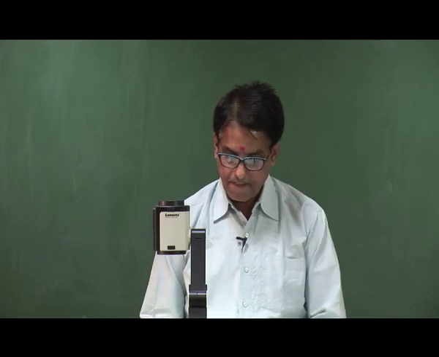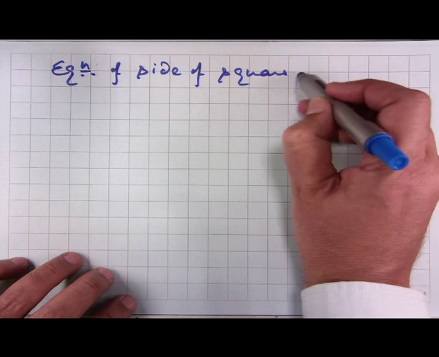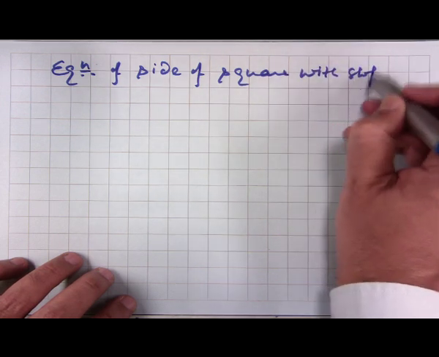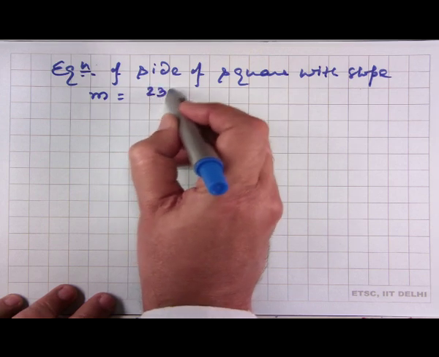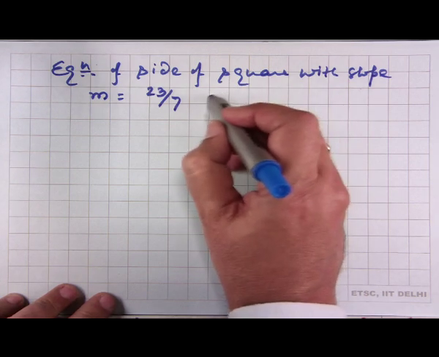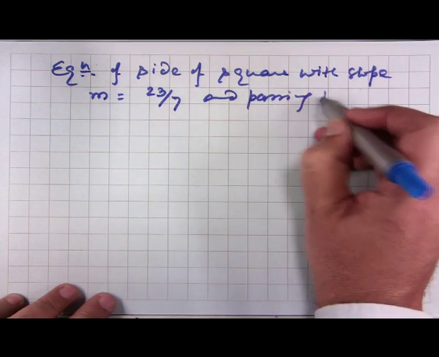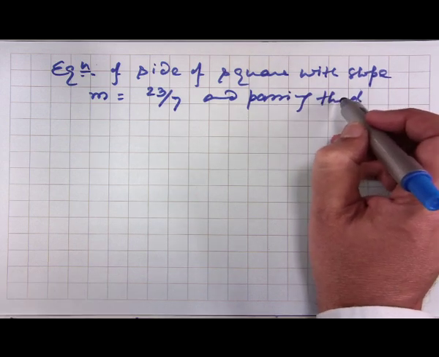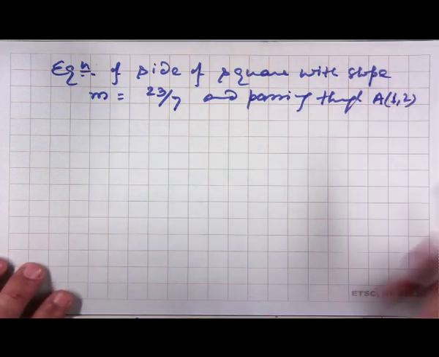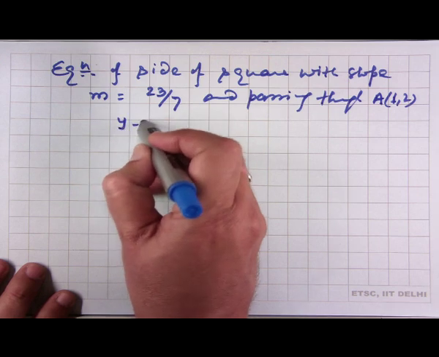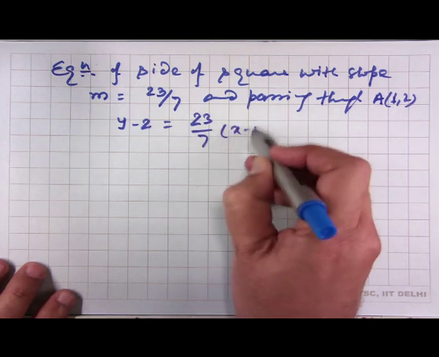Equation of the side of the square with slope m equal to 23 by 7 and passing through A(1, 2): y minus 2 is equal to 23 by 7 into (x minus 1).